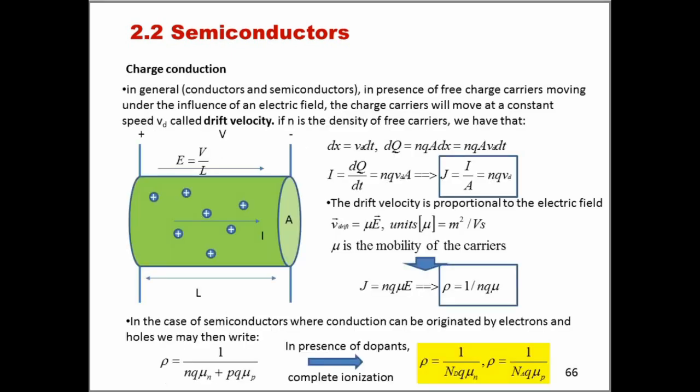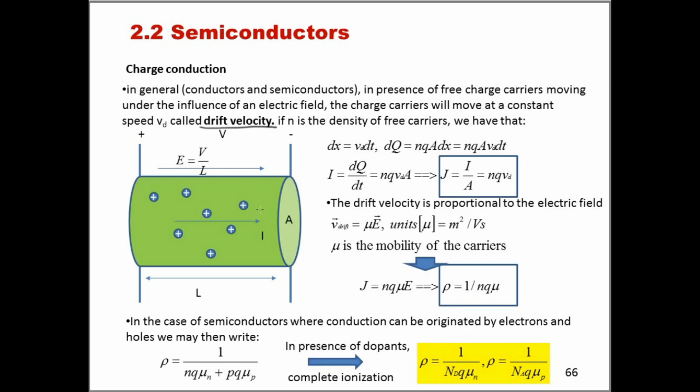Let us conclude this chapter. When we have free charge carriers in a piece of material that move under the effect of an electric field, because of collisions with the lattice in the material, these charge carriers effectively move at a constant speed, which is called the drift velocity.